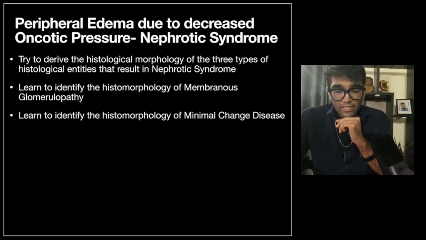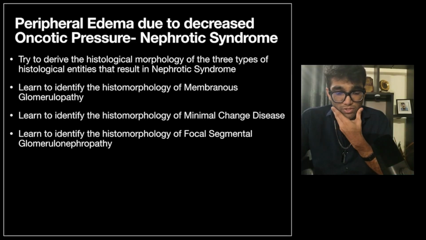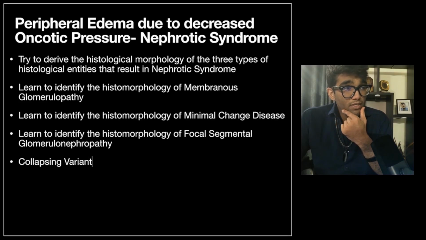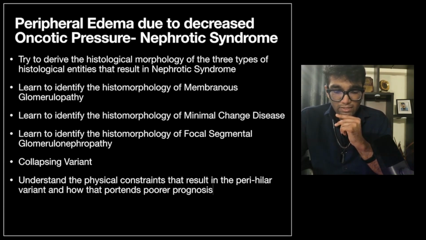We'll learn to identify the histomorphology of minimal change disease, and then the histomorphology of focal segmental glomerular sclerosis. And in that, we've already discussed in the previous discussion how the collapsing variant is different from the other variants of FSGS. So we'll understand what that entails in terms of how it looks under the microscope.